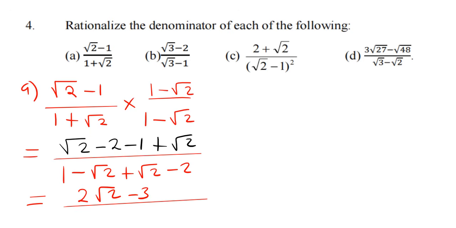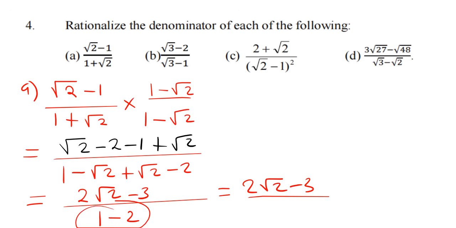Okay, now I come down here. I've got a negative root 2 and I've got a positive root 2. That will give me 0 in the middle. So I'm just going to remain with 1 minus 2. Then I just need to solve this expression. So on top, I've got 2 root 2 minus 3 over 1 minus 2, that is a negative 1.